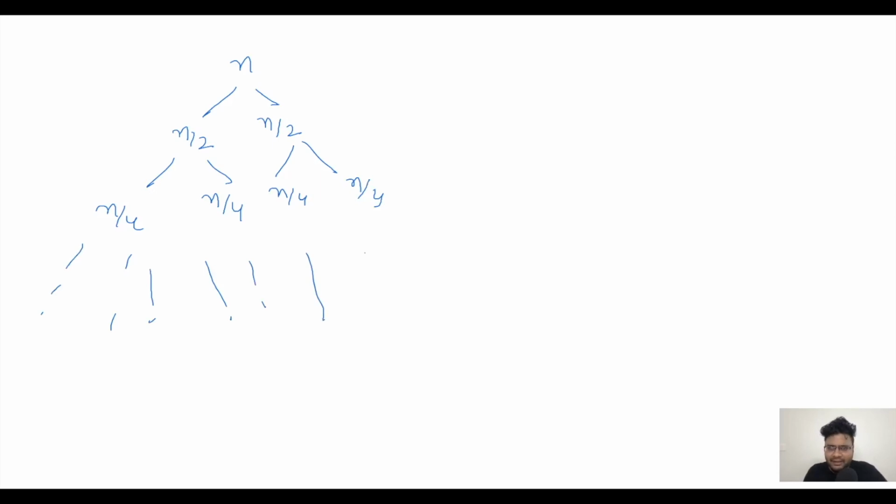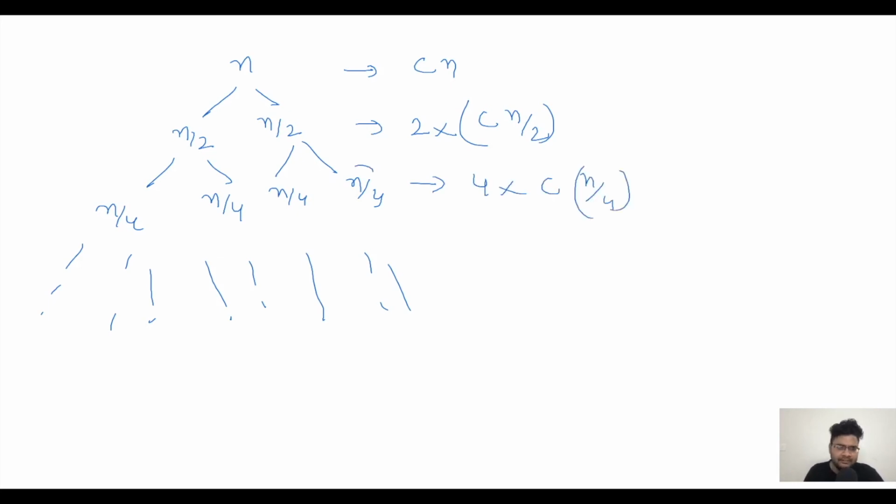So at the first stage, what amount of work do I have to do? C into n. At the second stage, I need to do 2 into C of n by 2, because n by 2 is the number of elements. Then this will be 4 into C of n by 4, because n by 4 is the number of elements in one particular array. If the height of this is L, this will become Cn into L. Why? Because this 2 will cancel, and Cn remains Cn, Cn, Cn.